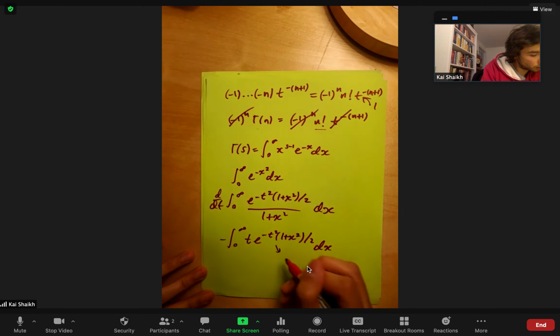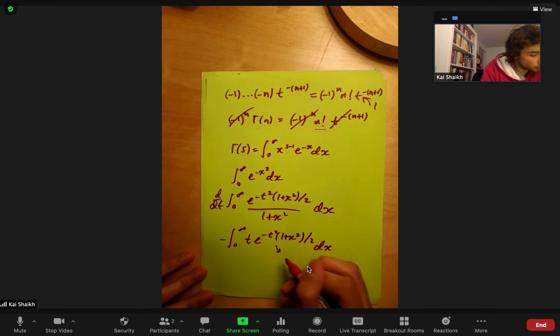We're going to consider this over 2. So that's the more standard form. So what this is now, let's rewrite this. This is minus t e^(-t²/2) times the integral from 0 to infinity of e^(-t²x²/2) dx.